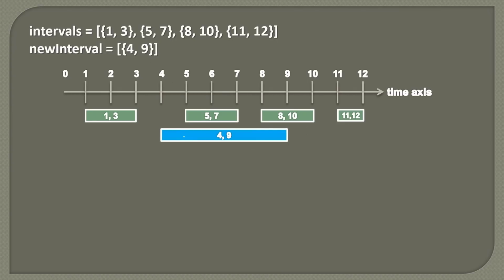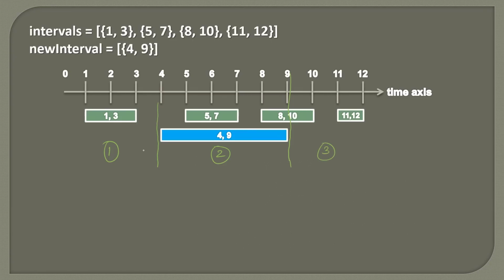So here, as we want to insert this new interval from 4 to 9, there will be 3 regions around 4, 9 which will get affected when we insert this new interval. One region is just before 4, which is this. Another region is this, between 4 to 9, and the third region is just after 9.